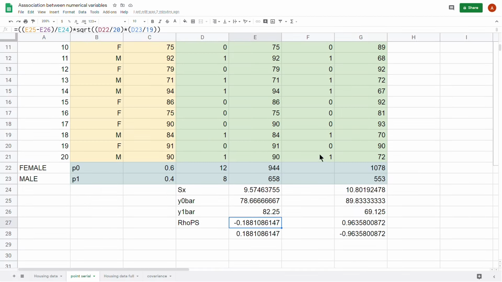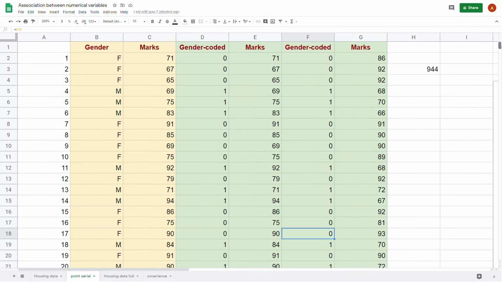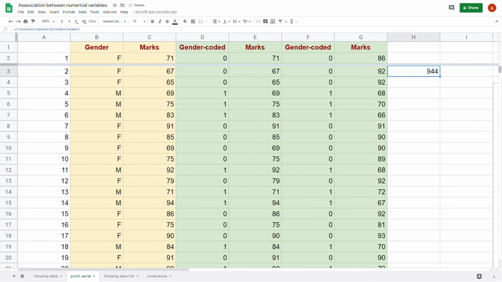Now, if you go to the second data set, which is these F and G columns, and do the same exercise for this data set.